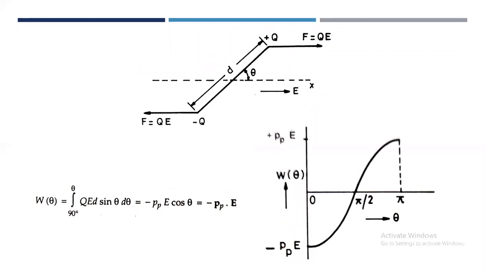The molecular dipole moments of some materials like CO2, H2O, CH3CHO are 0.1, 1.87 and 2.72 Debye respectively. I would like to clarify that 1 Debye is 3.33 times 10 raised to minus 30 coulomb-meter.